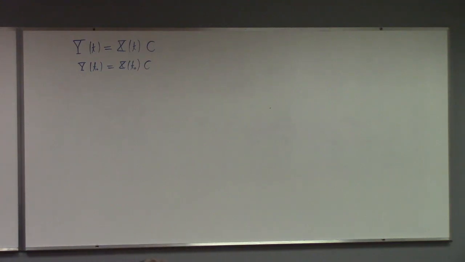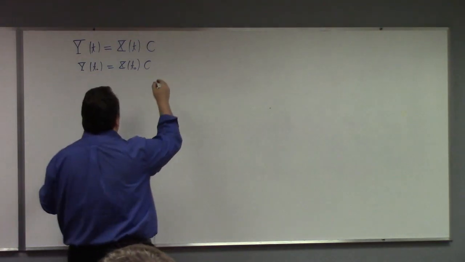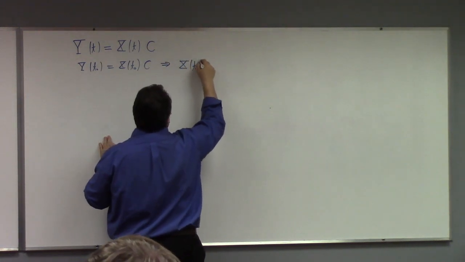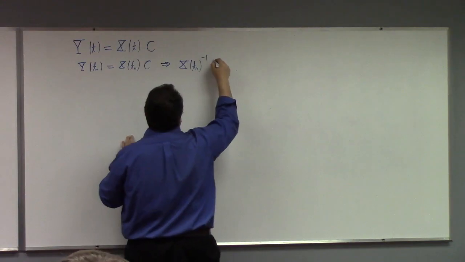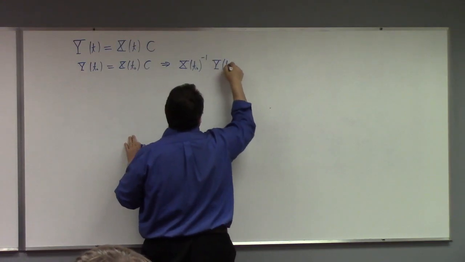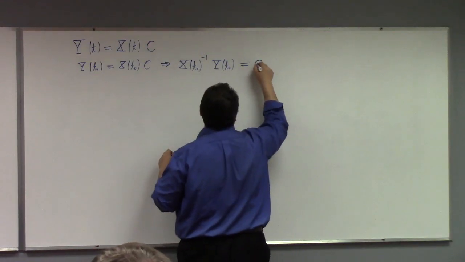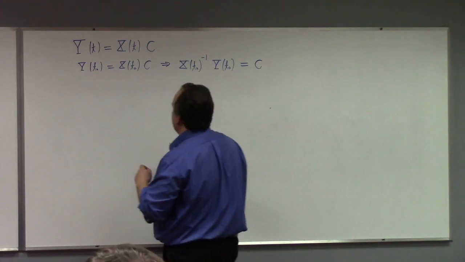Why or why not? It's a fundamental solution matrix, right? Which means that X of t naught must be invertible, right? So this implies that X of t naught inverse times Y of t naught has to be equal to the constant matrix.